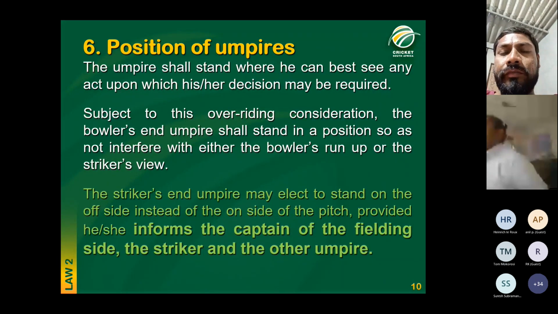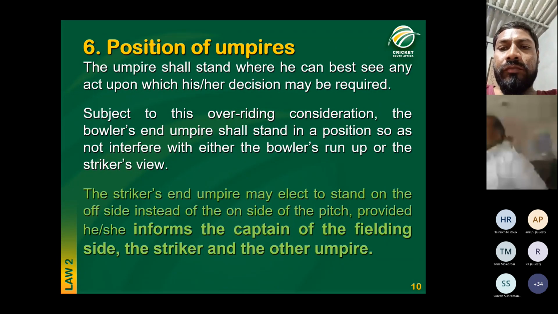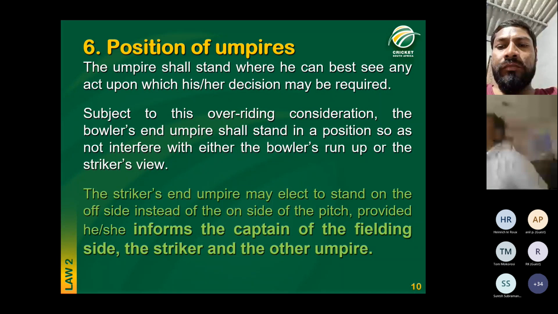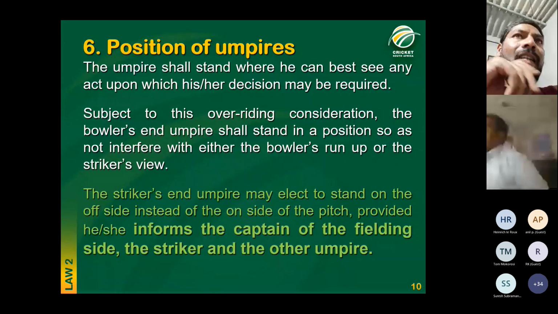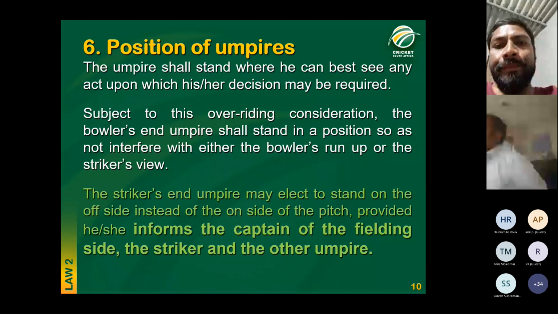If the striker's end umpire does decide to move over to the offside, there are three parties that the umpire needs to inform. And who are they? They are the captain of the fielding side, the striker, and the other umpire.